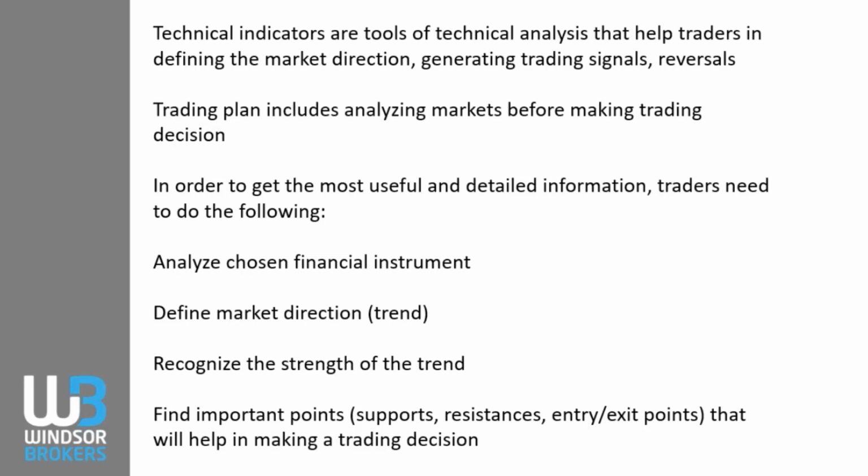So when we choose it, we have to see, as I previously mentioned, the direction of this financial instrument. It's called the trend. So we need to define the trend and see its direction. Is it an uptrend, a downtrend, or a sideways trend? Those are the three types of trends that we already mentioned in our previous sessions, and through the indicators we can recognize the strength and the potential length of this trend.